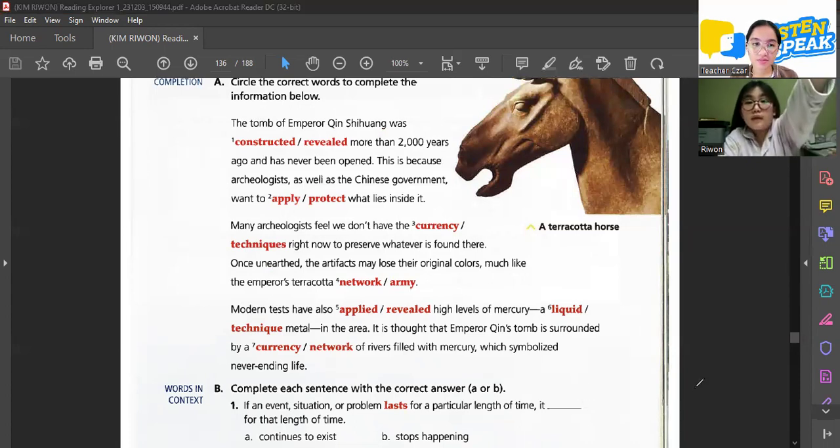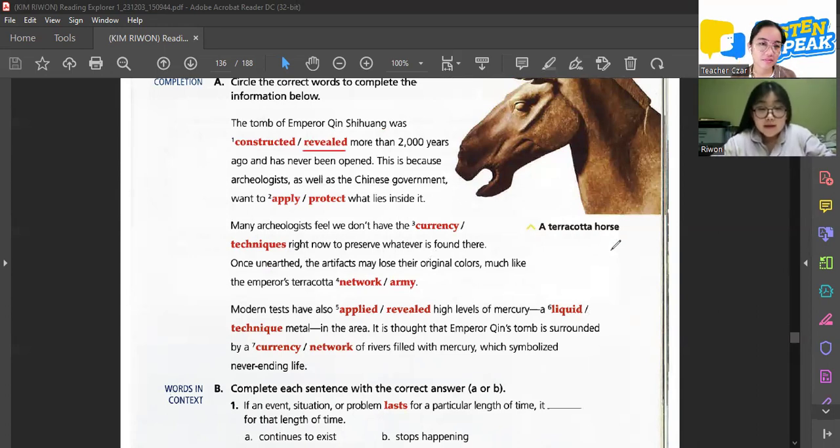So let's try with this one. The tomb of Emperor Shihuang was revealed more than 2,000 years ago and has never been opened.